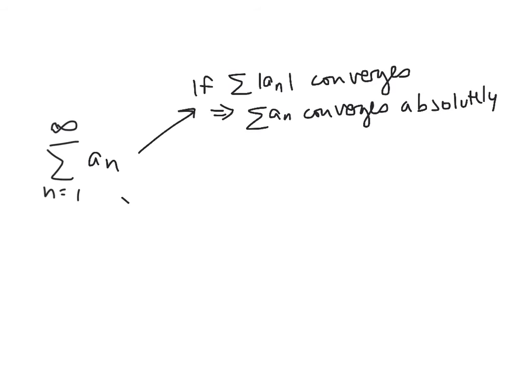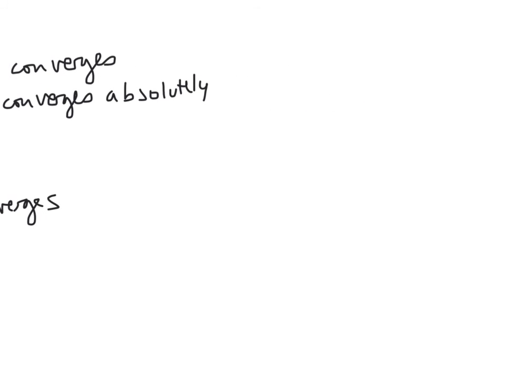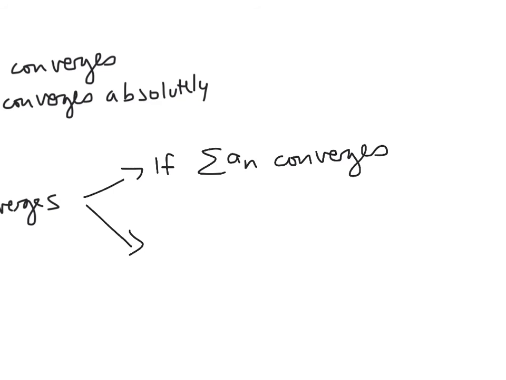If the sum of the absolute values diverges, we have two more cases. One, if the sum of the a_n converges, this tells us that the sum of the a_n converges conditionally.